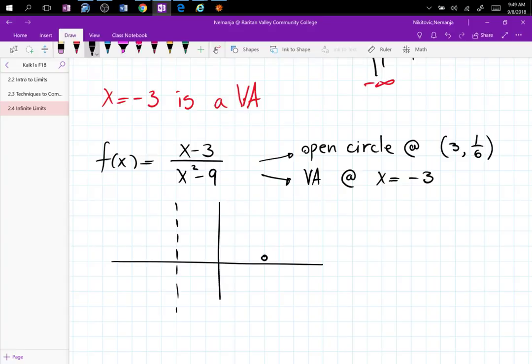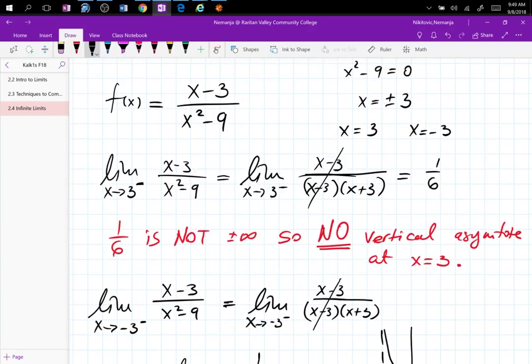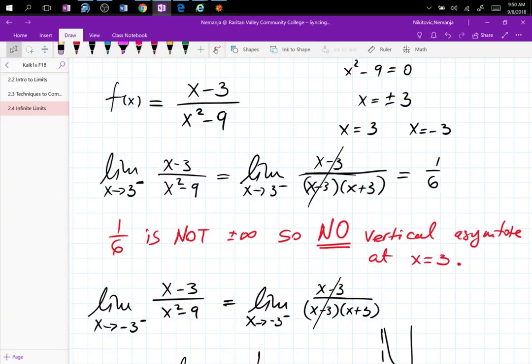So here are the two specs that I have. I have a point, which is an open circle at 3 and 1 over 6. That was calculated with the first limit we did, where the limit at 3 came out to be 1/6. So that creates a point 3, 1 over 6 that doesn't exist because it's in the denominator, right?